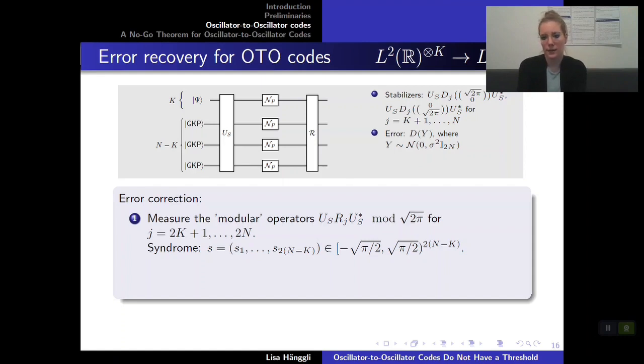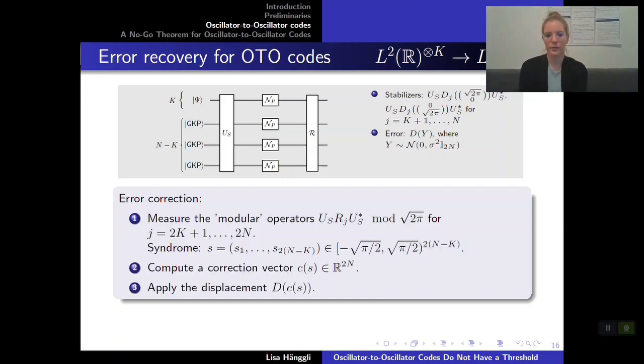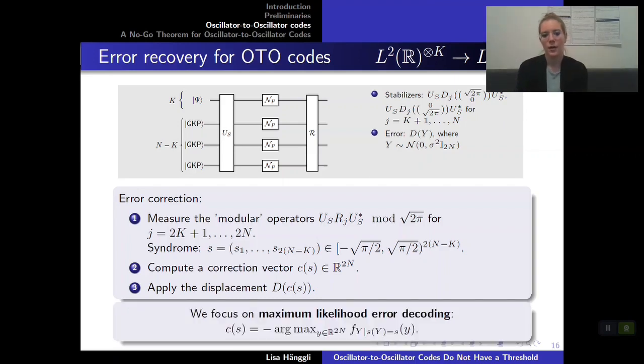And as I said, the dual lattice is equal to the lattice itself. And then the other two steps are the same as before. And here, as I already mentioned, we focus on maximum likelihood error decoding, which singles out the most likely error to have caused the syndrome S given the error distribution.